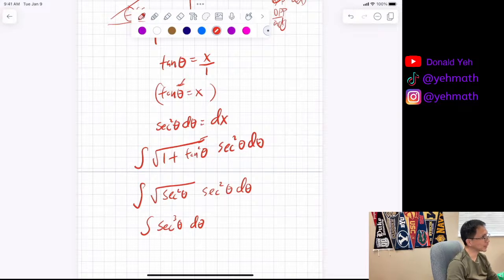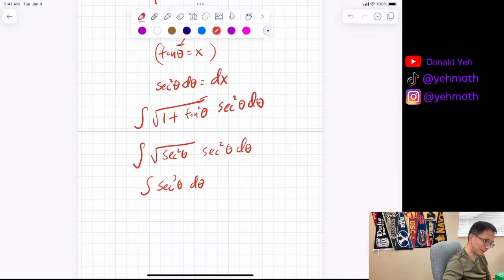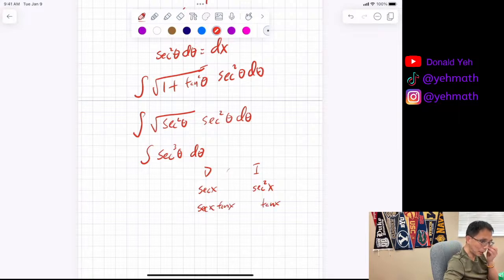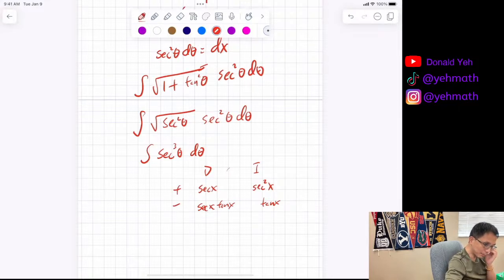But there's only one term. Oh, yes. You do secant squared as dv, because you can do the integral. Yes, the integral of secant squared is tangent.